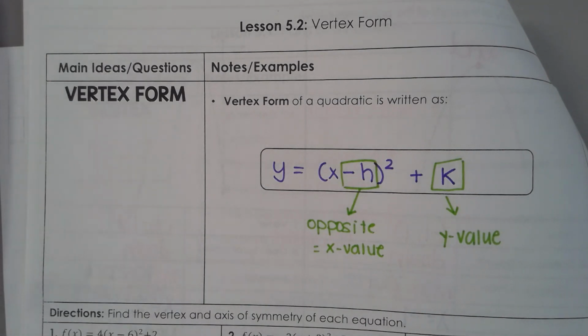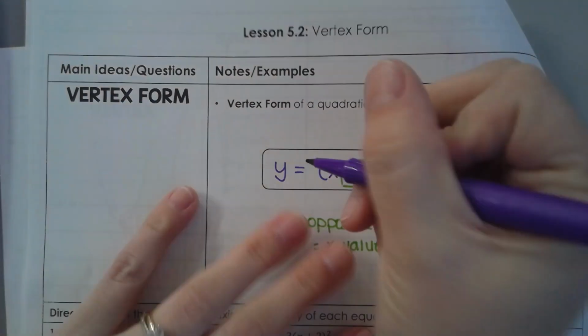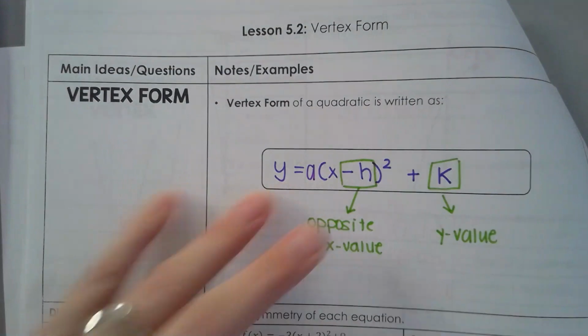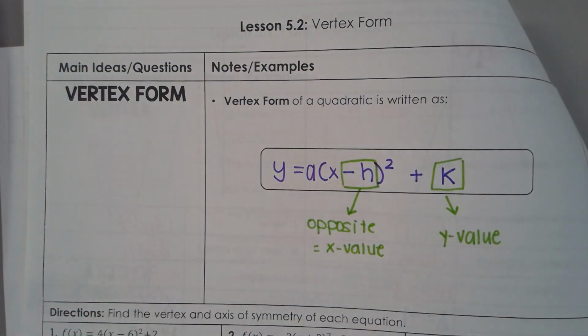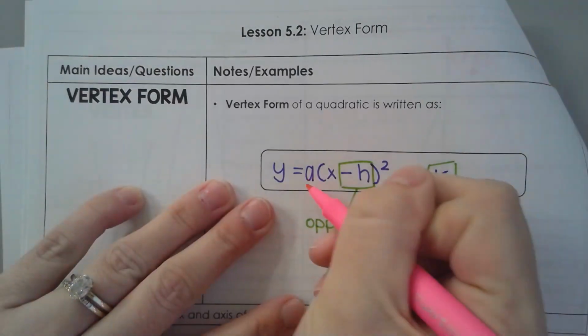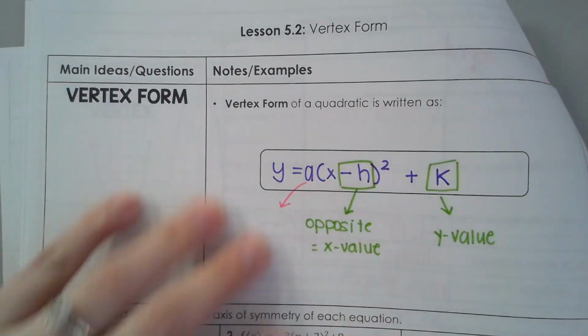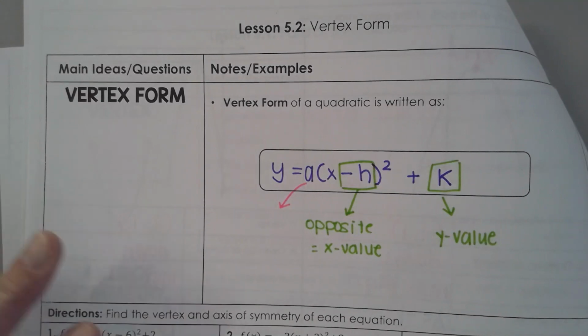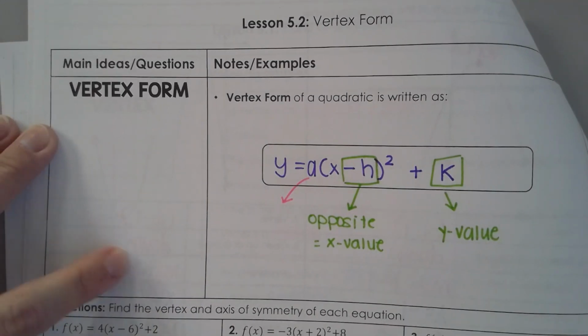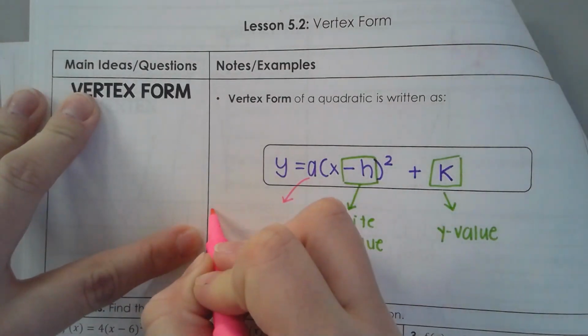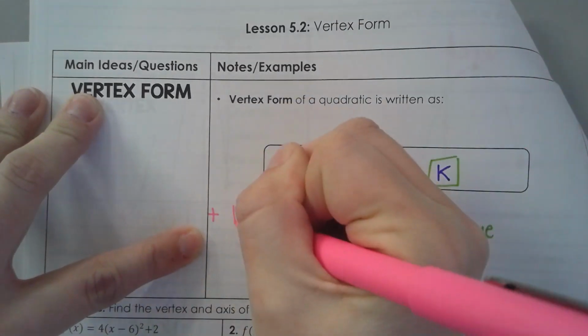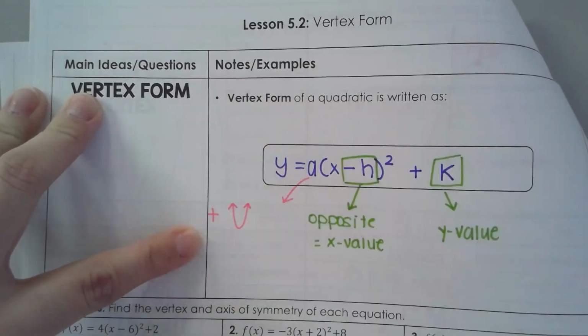And I did forget something. There is supposed to be an a in front of those parentheses. And that a tells us a couple things. The one that we're going to focus on the most is if it's positive or negative. If it's a positive number, the parabola points up, so the arrows point up.